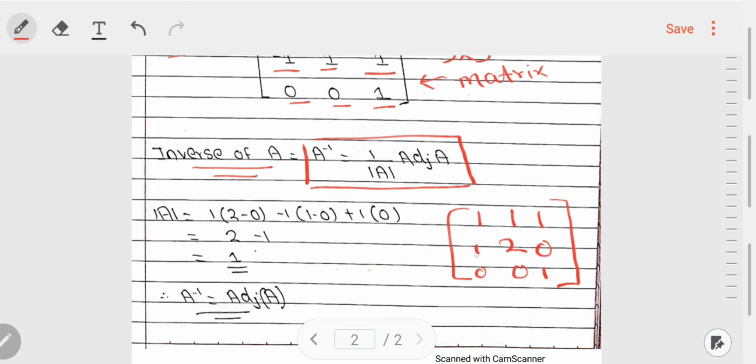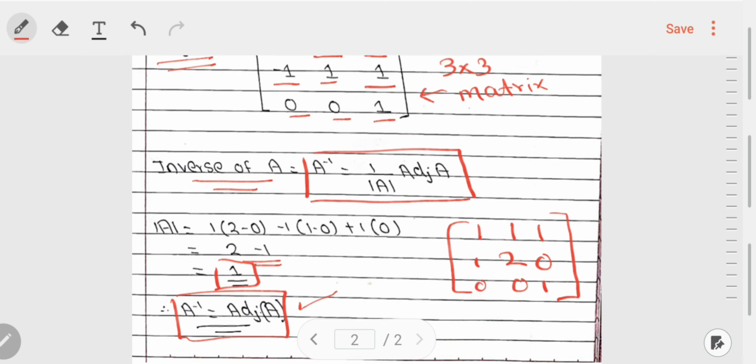Its determinant is 1 times 2 minus 0, minus 1 times 1 minus 0, plus 1 times 0 minus 0, that is 0. So finally we have the determinant as 2 minus 1, that is 1, and that is why our inverse is nothing but our adjoint. Therefore for this case we have A inverse is equal to adjoint of A.